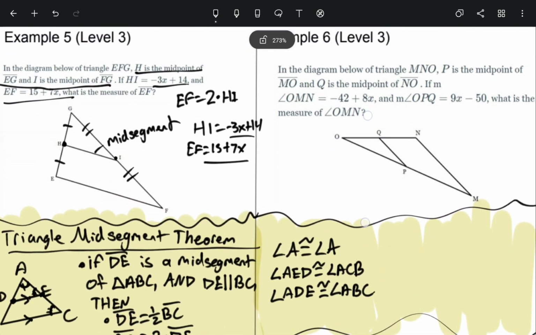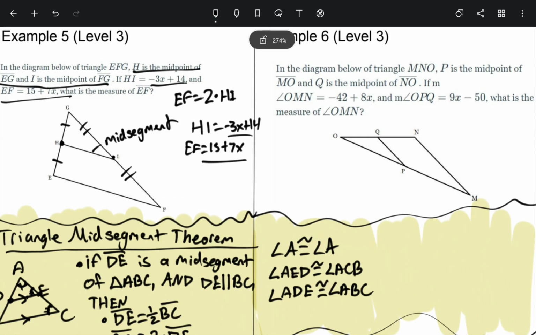So now here, in the diagram below of triangle MNO, we are given that P is the midpoint of MO and Q is the midpoint of NO. So this is a mid-segment. The measure of angle OMN, which is this one right here, is negative 42 plus 8x. And OPQ is 9x minus 50.